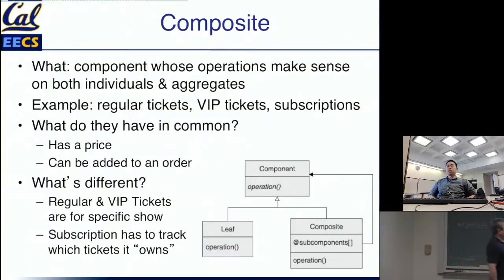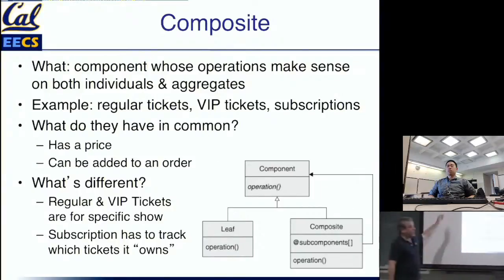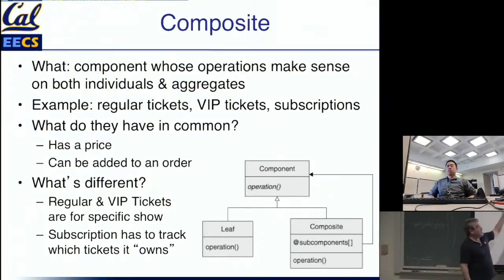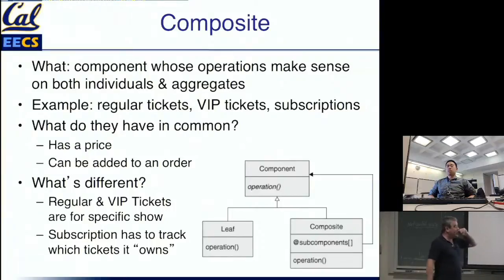However, regular and VIP tickets are for a particular kind of show, usually for a particular date. A subscription is actually a placeholder for like 5 other things. When you buy a subscription, what you actually get is 1 ticket to each of 5 or however many other shows. But a subscription still has a price, and it still can be added to an order.